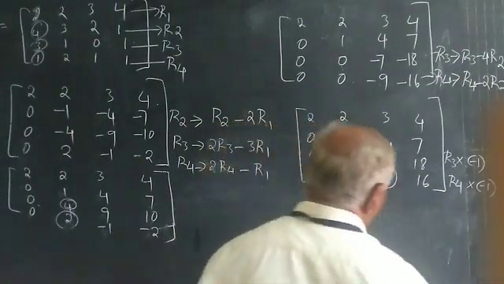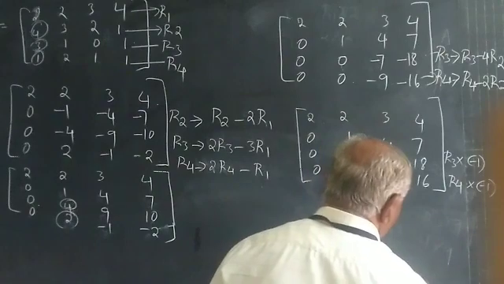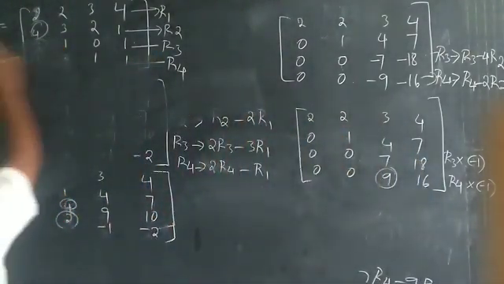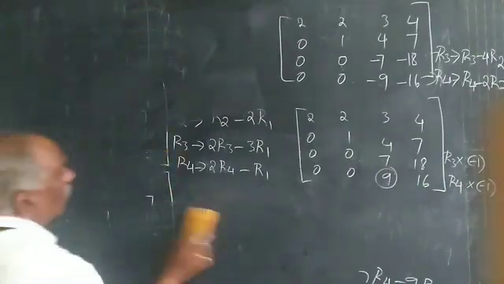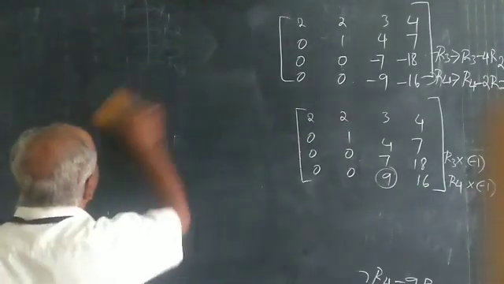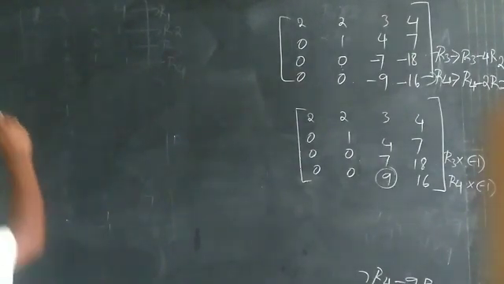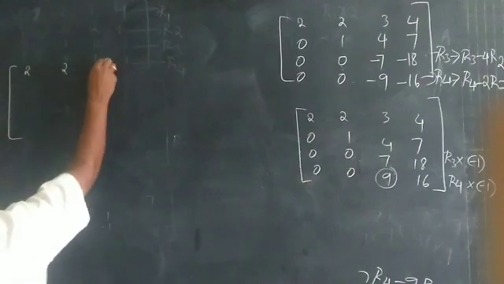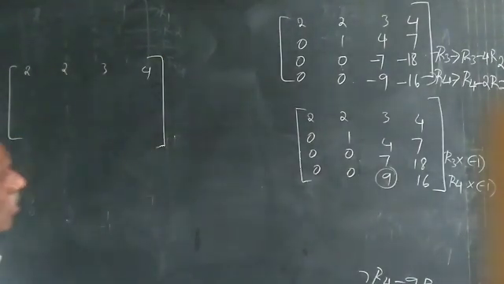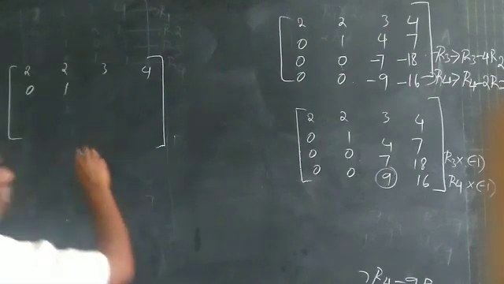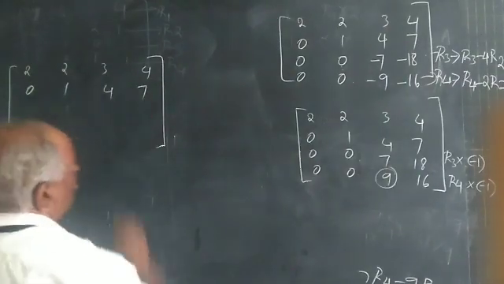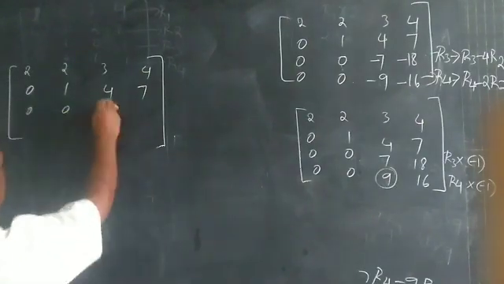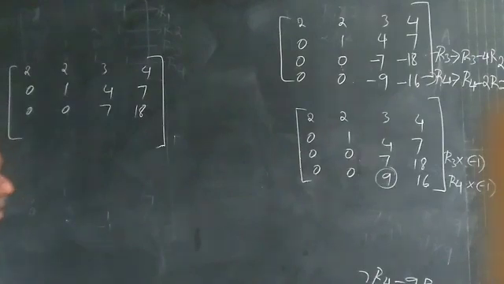So 7 R4 minus 9 R3. So in the next step I will write, first row as it is, 2, 2, 3, 4, second row as it is, 0, 1, 4, 7, third row as it is, 0, 0, 7, 18, right?